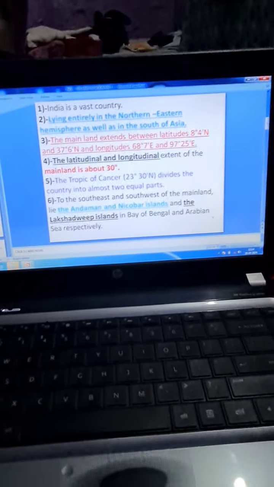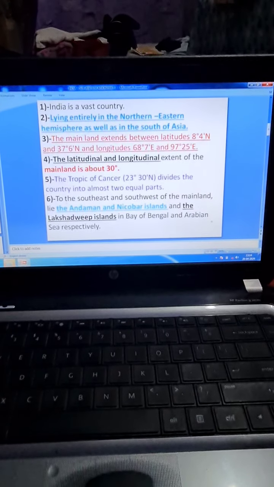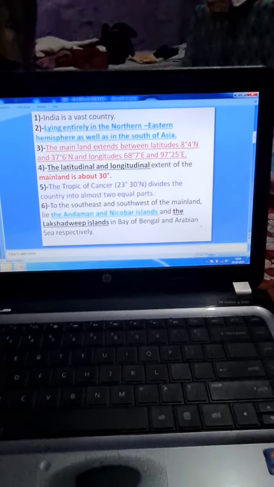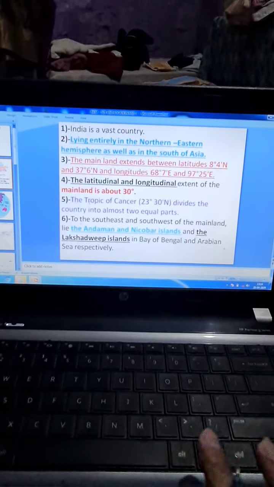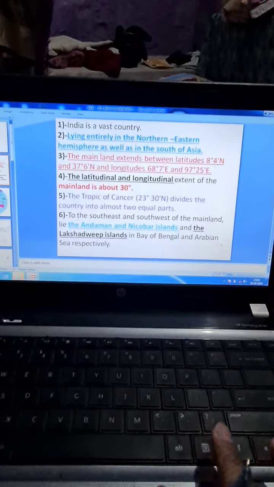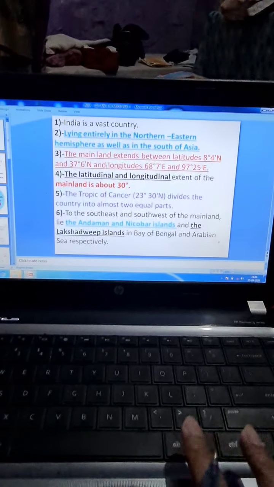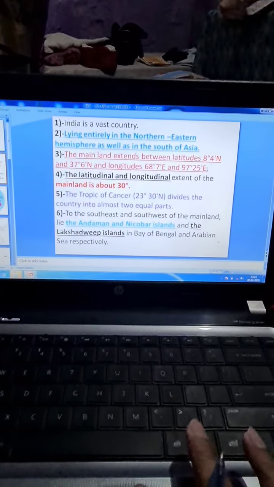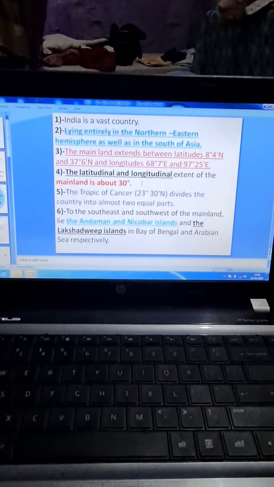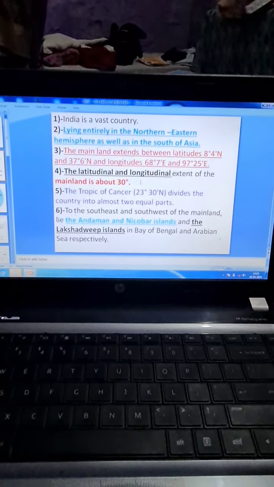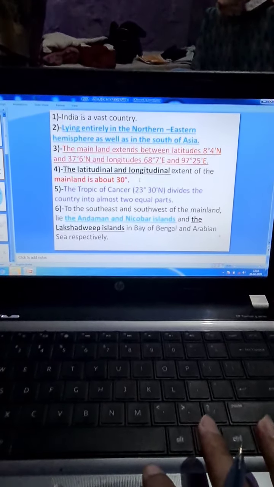Now we will move towards the further point. The latitudinal and longitudinal extent of the mainland is about 30 degree. How could it be? When we subtract the given latitudes and longitudes, we can easily find that the total extent of the mainland is about 30 degree.